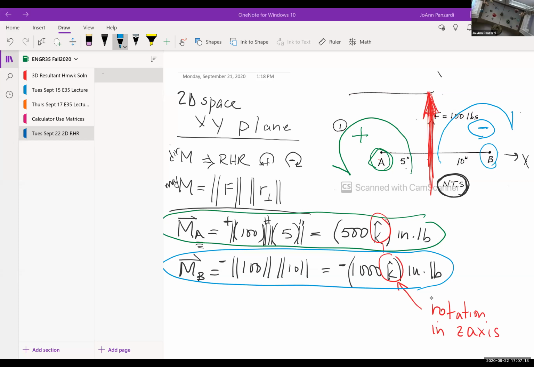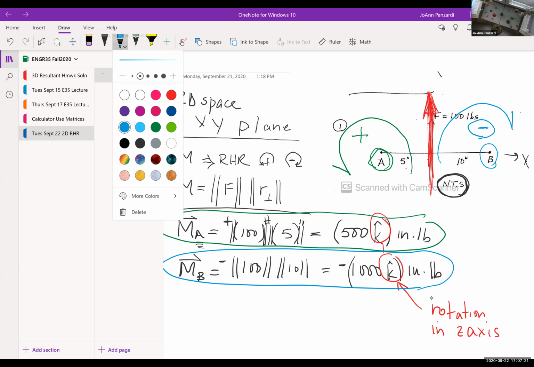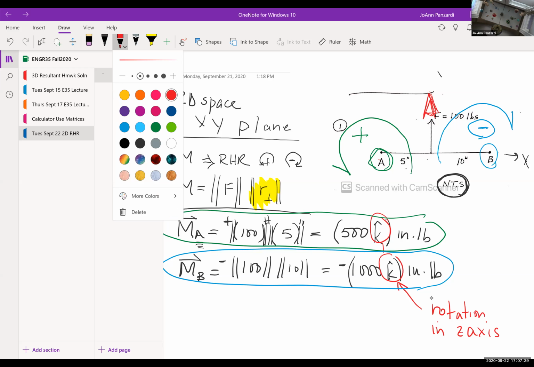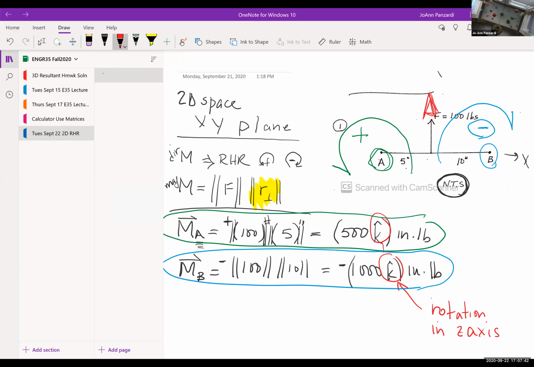So remember again, what we did is we took the perpendicular distance. Because we wanted to find the moment about A and B. I should have told you that this was perpendicular.